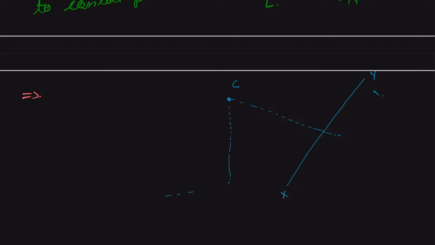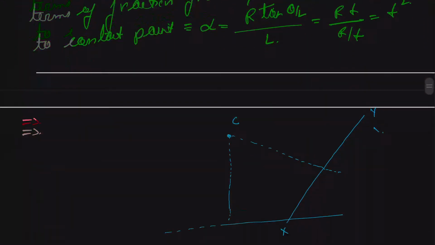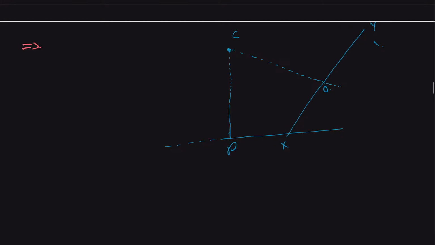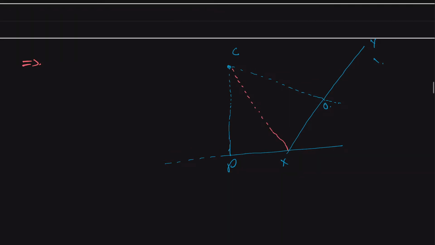And this is our base, this is our P point, X, and this is our O point. And if we join this also, the total angle was theta, so this will be theta by 2, and this also theta by 2.